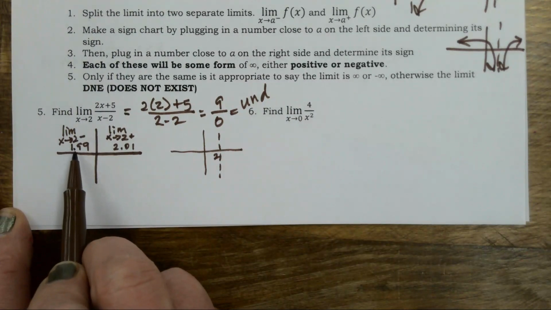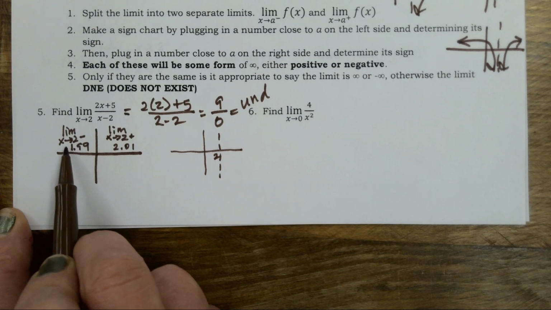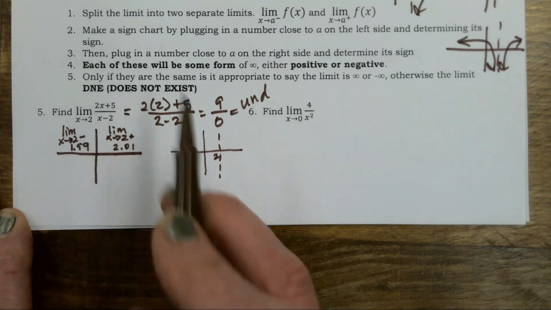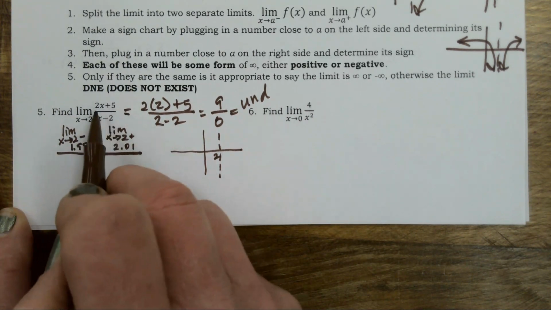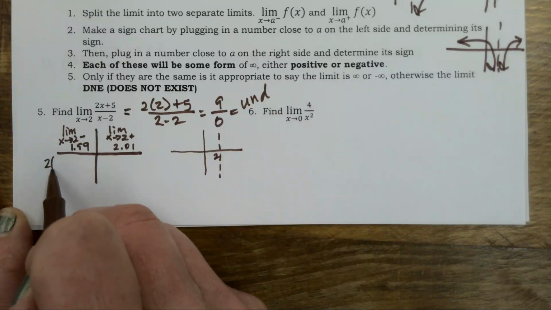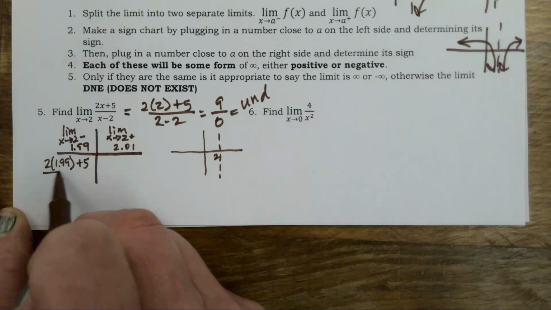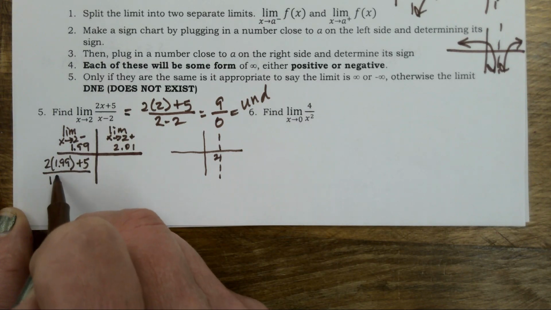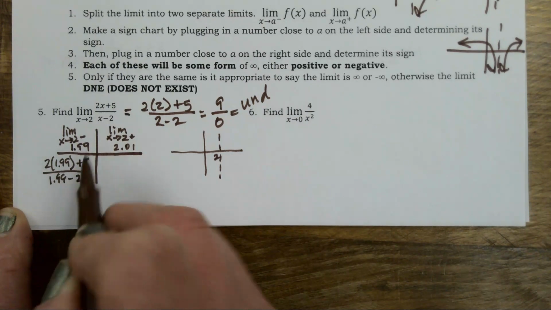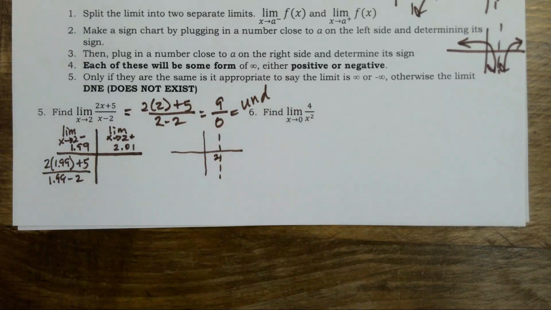So if I plug in positive 1.99, that is 2 times 1.99 plus 5 over 1.99 minus 2. And again, I don't need to evaluate this. This is what I'm kind of talking myself through, so no calculator necessary.